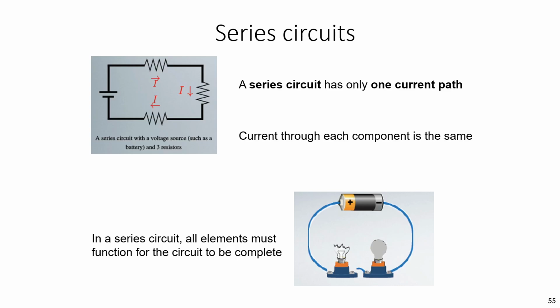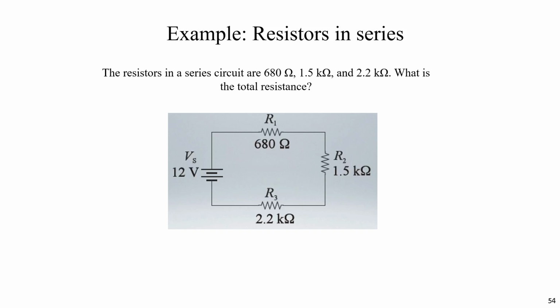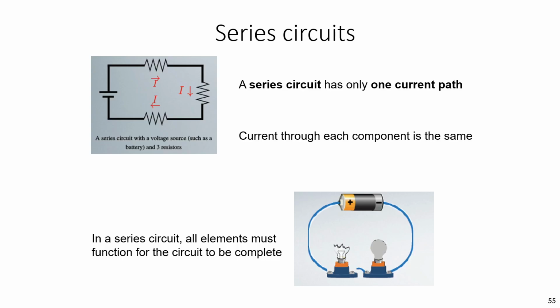I think I can skip this video circuit. You can see the example of resistors in series. So you learn about this, you just add them together, right? If we connect the circuit in series form, this is a series circuit, right? What happens if one bulb is broken? The circuit becomes disconnected, right?